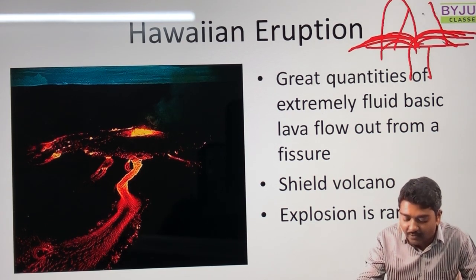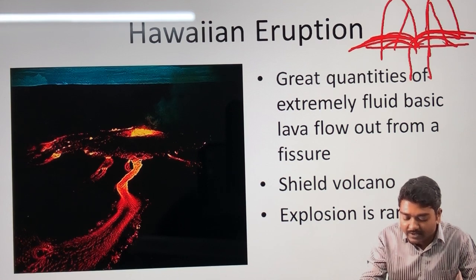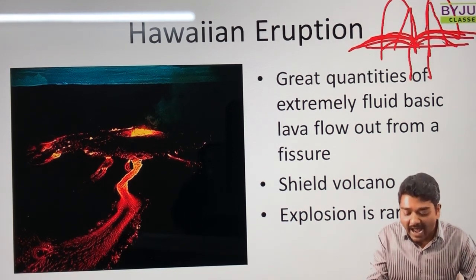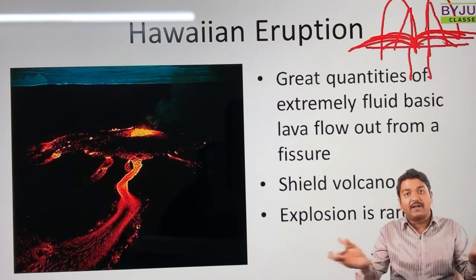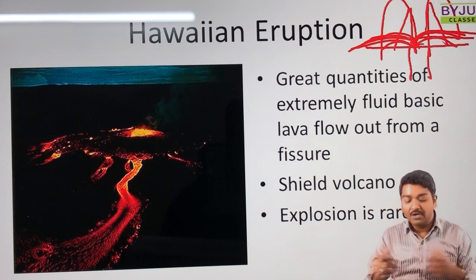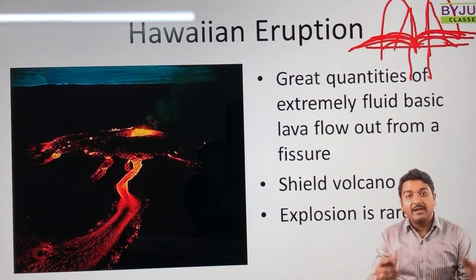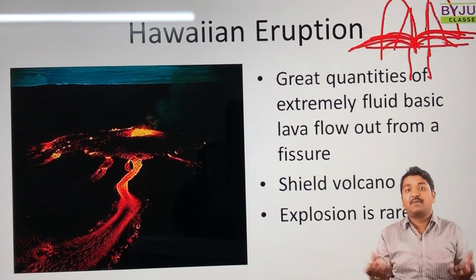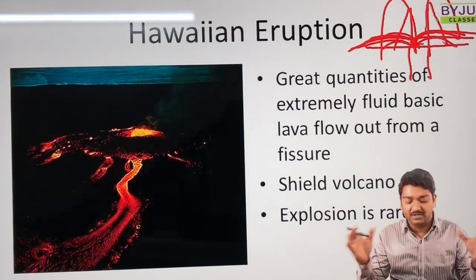And it starts flowing. So can you see the difference in this? In the first case, you are actually seeing that it is spreading. In the second case, it is making a volcanic mountain. So, usually based on the eruption type, what type of magma is coming out, different shapes are actually seen.